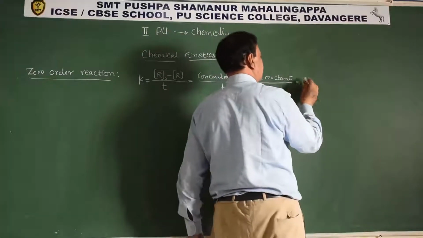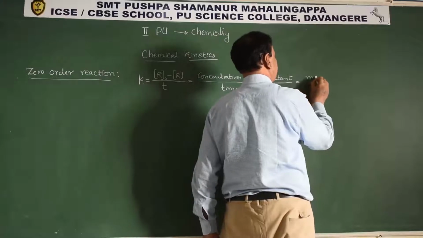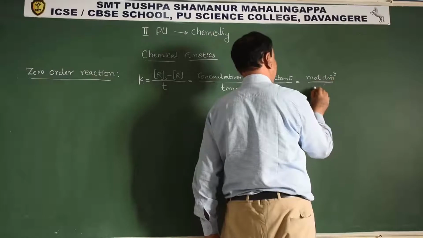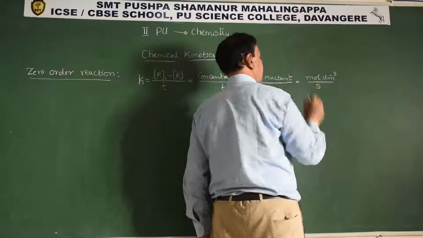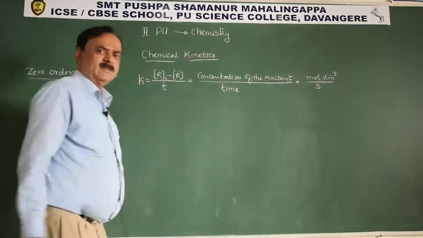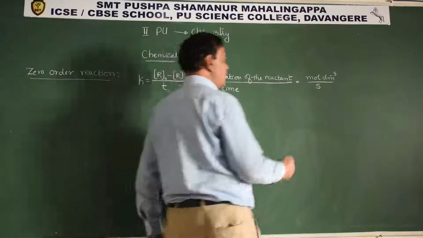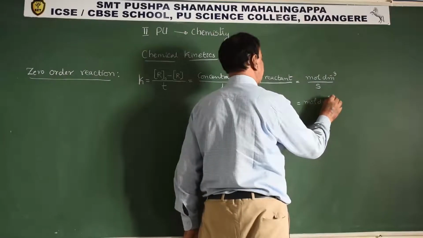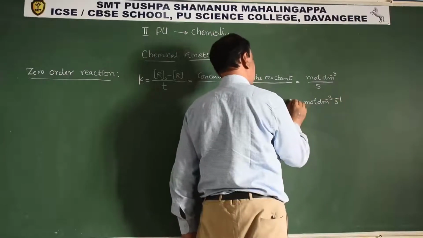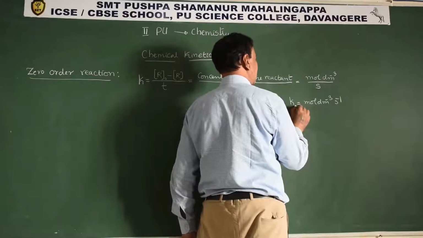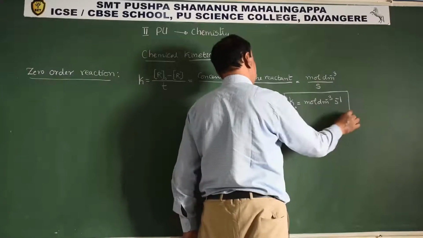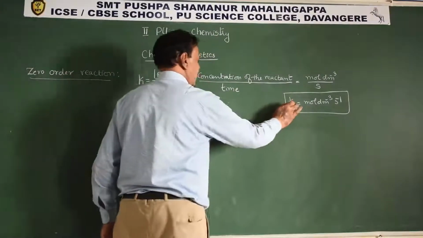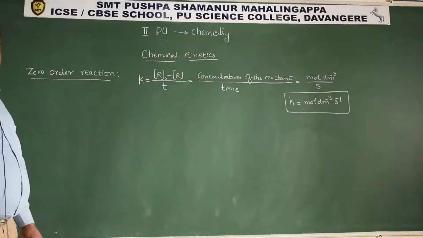Concentration of the reactant means active mass, that is moles per cubic decimeter or moles per liter, the unit of concentration, divided by second, the time interval, that is equal to moles per cubic decimeter per second. This is the unit of K of zero order chemical reaction. This is the unit of velocity constant of the zero order chemical reaction.